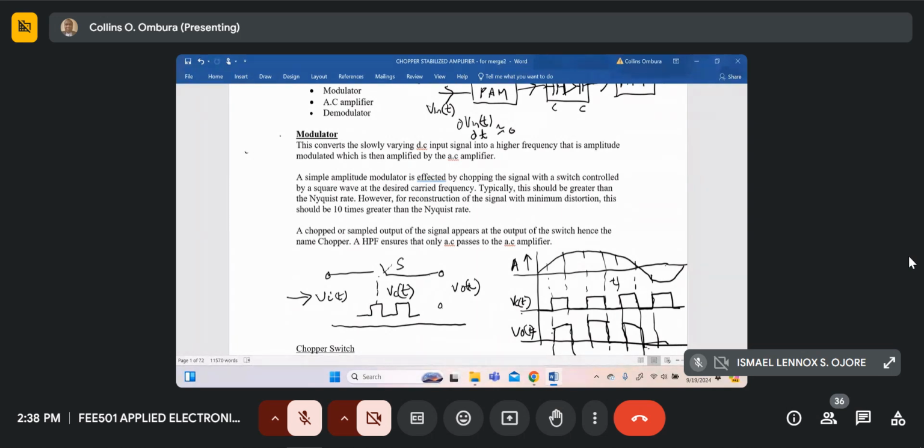This would be a revision of telecoms. How do we get the spectrum of the chopped signal or the pulse amplitude modulated signal, V naught of F, or V naught of omega if you want?